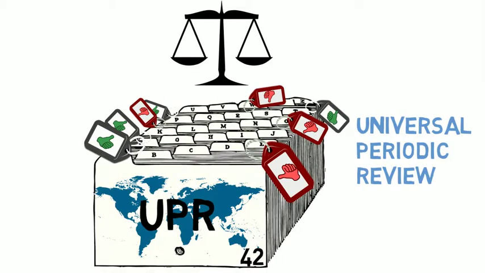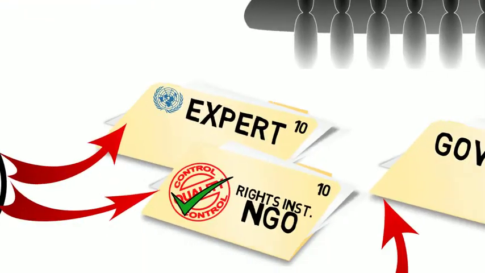the UPR reviews the situation for all human rights in all of the United Nations 193 member states. Each country is reviewed once every 4.5 years. There are several stages to the review process.